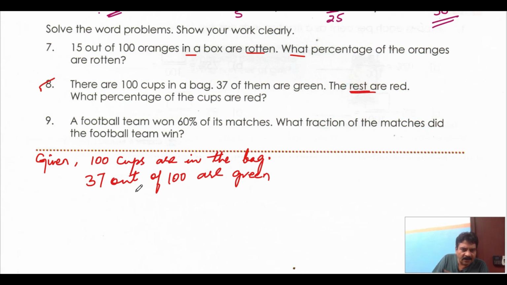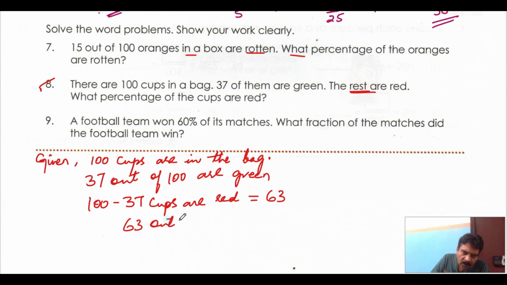Remaining are red means what? 100 minus 37 cups are red. 100 minus 37 means 63, right? So 63 out of 100 are red.